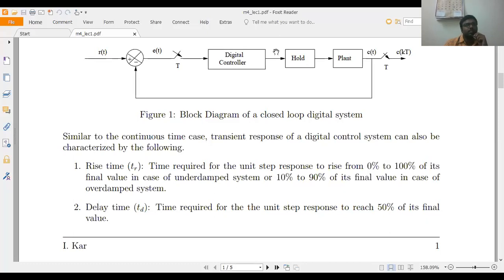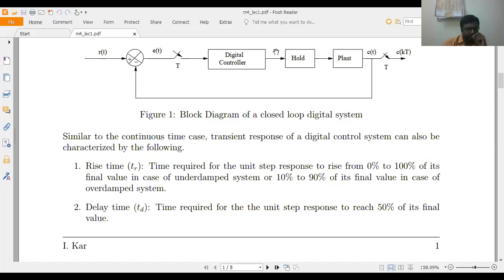Coming to the definition of rise time: it is the time required by the unit step response to rise from 0% to 100% of its final value in case of an underdamped system, or the time required for the unit step response to rise from 10% to 90% of its final value in case of an overdamped system.